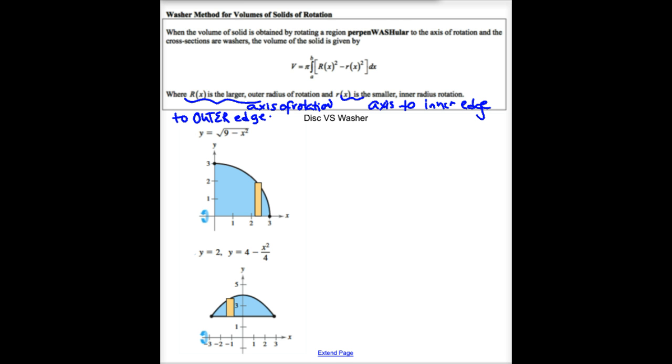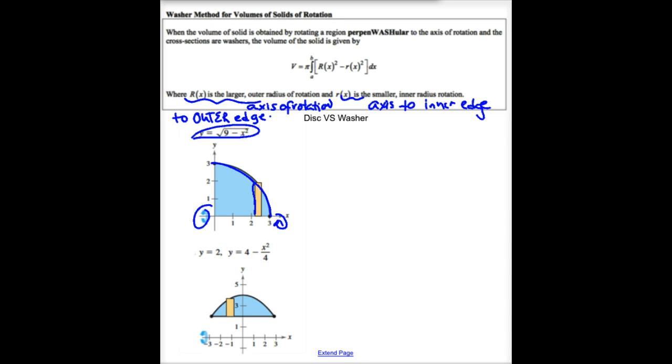So let's discuss the difference visually between what we call discs and what we call washers. You'll notice right here I've got my curve represented by 9 minus x squared. It's a quarter of a circle up here. And I am whipping that around the x-axis.